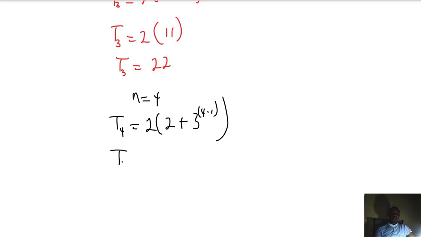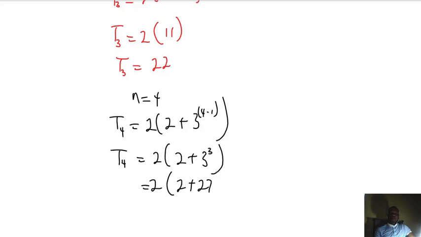Then we have 2 times bracket of 2 plus 3 exponent 4 minus 1, which will give us 3 exponent 3. So we have 2 times 2 plus 3 cubed, which will give us 27.